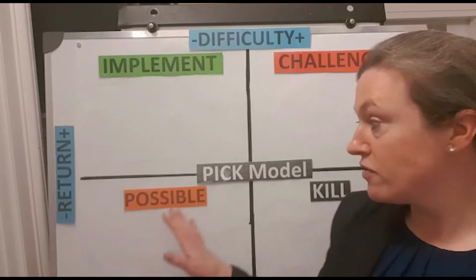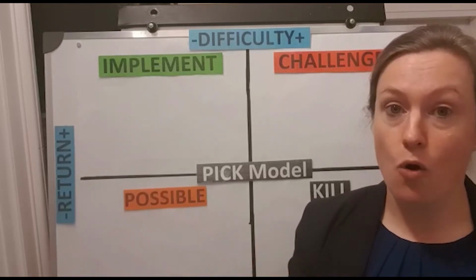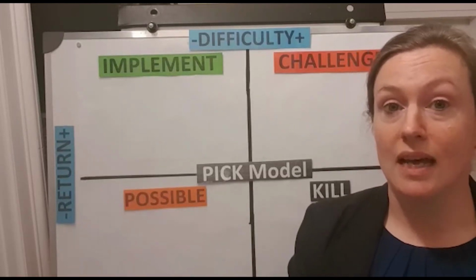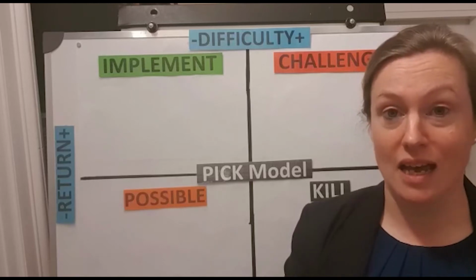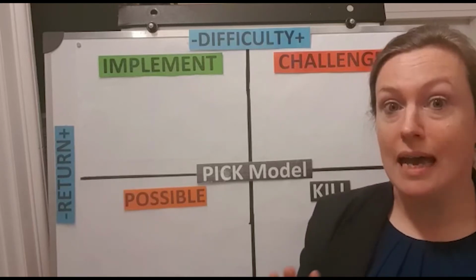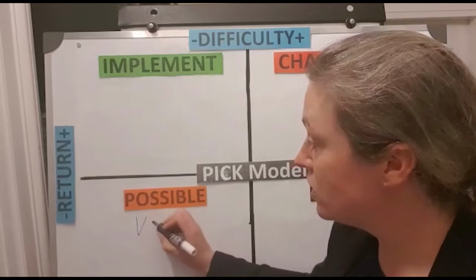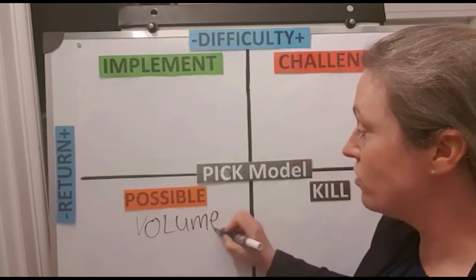It's a note of caution here, so I've got orange as a note of caution, because you require volume to do it. And volume, if done poorly, can actually be quite time consuming, and it can lead to drudgery. So proceed with caution and understand that if you're going to go down the possible route, you need a large volume to make it return.